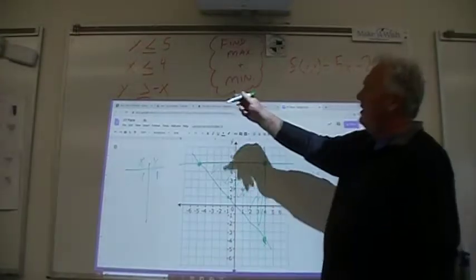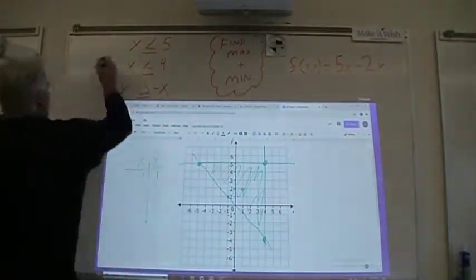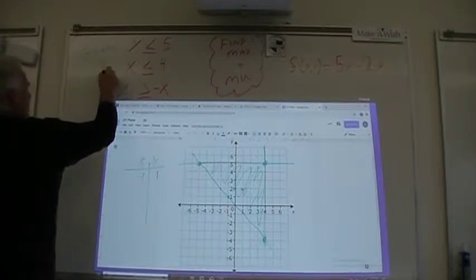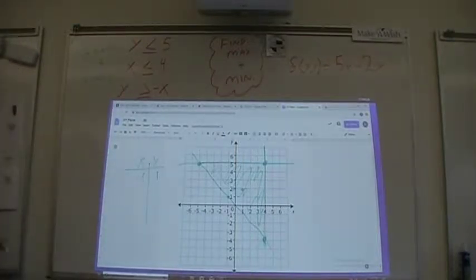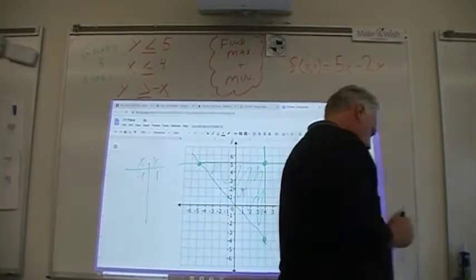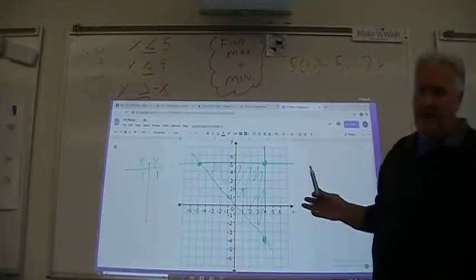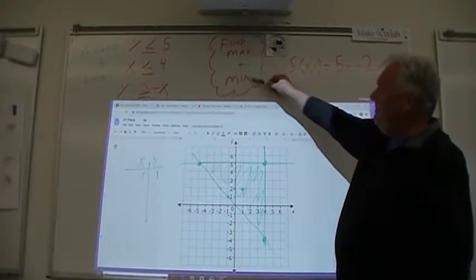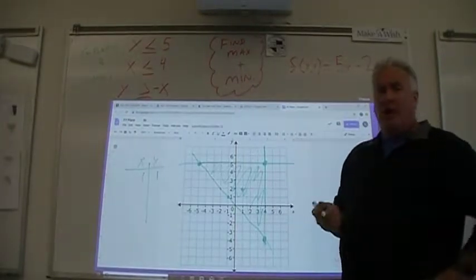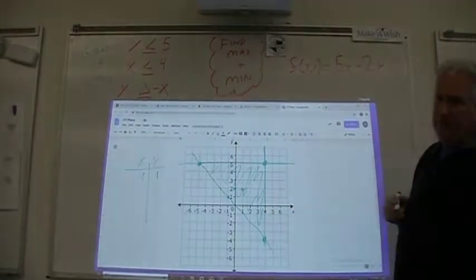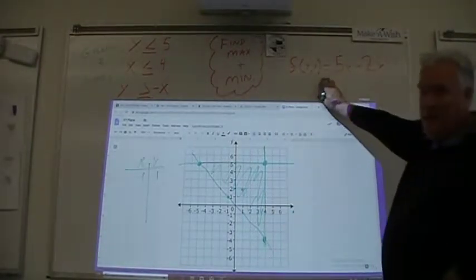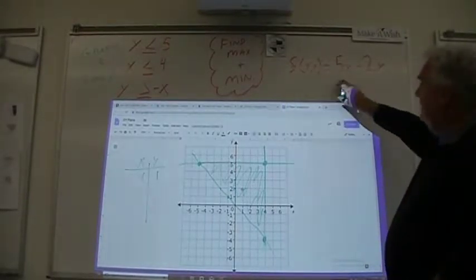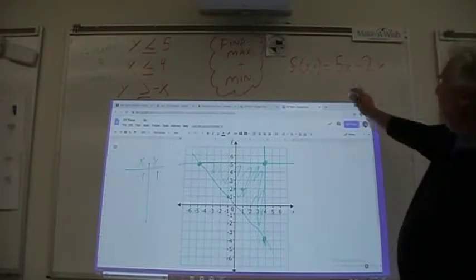The first thing you're going to do is graph the 3 lines, and then you'll do a shading. Once you've done that, the question's going to be to find the maximum and the minimum, the optimization, of those lines, for when you have this situation equals 5x minus 2y.